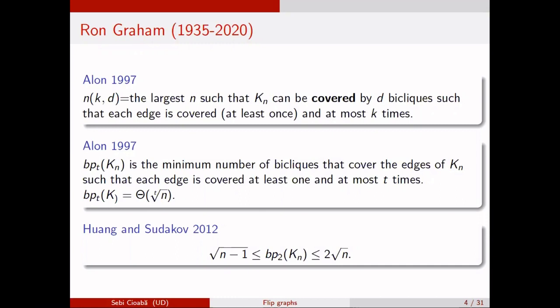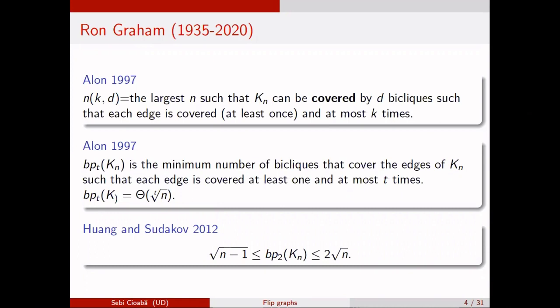Even for t equals 2, Huang and Sudakov have a very nice paper in 2012 in which they disprove a conjecture called the Alon-Saks-Seymour conjecture, also involving biclique partition. But they also give slightly better lower bounds than Alon. They prove that BP_2(K_n) is at least square root of n.